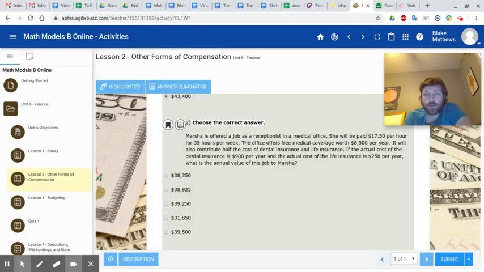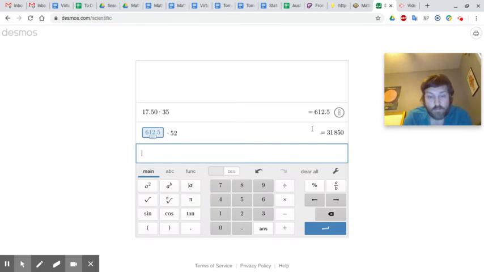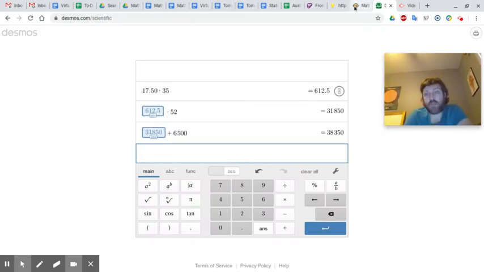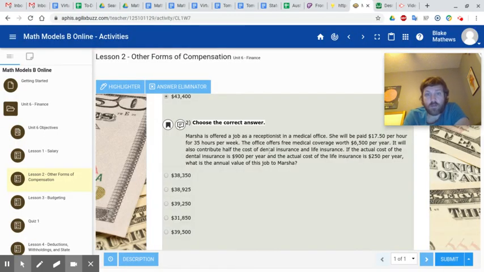Let's keep going. The office offers free medical coverage at $6,500 per year. We're going to add that because it's free, so they're paying everything, or it's a value that I'm gaining. Also, half dental and life. The actual cost of dental insurance is $900, so half of that.